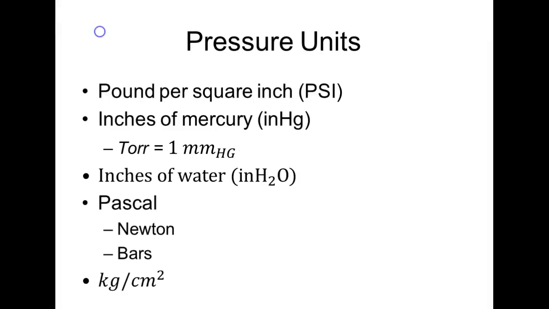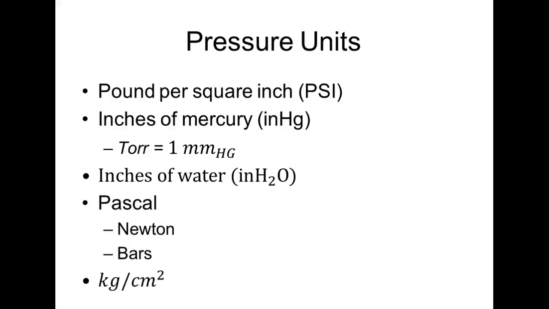These are the units that we measure pressure in. Normally over here we use what? PSI or inches of mercury. Where do you run into inches of mercury all the time? Well, the weather forecast, that's the way they give the atmospheric pressure, in inches of mercury, right?